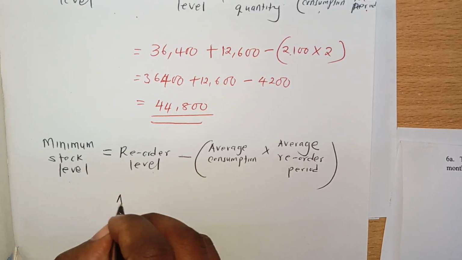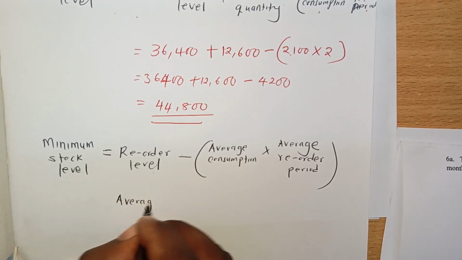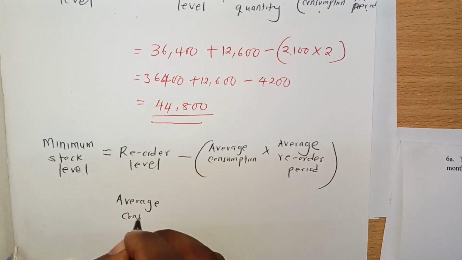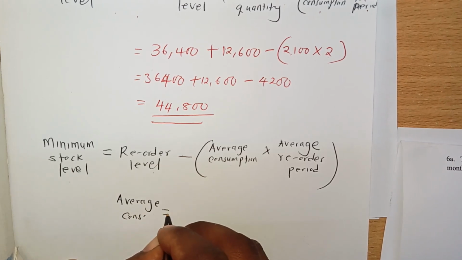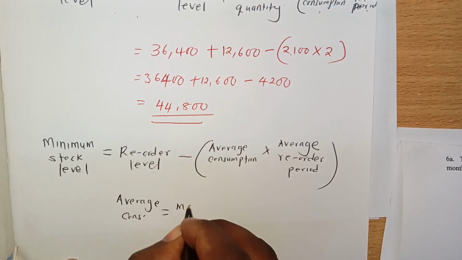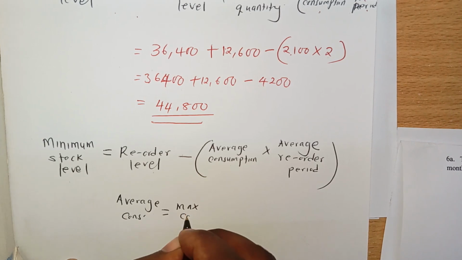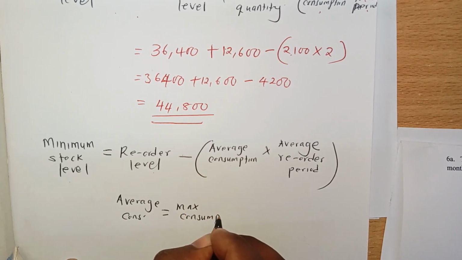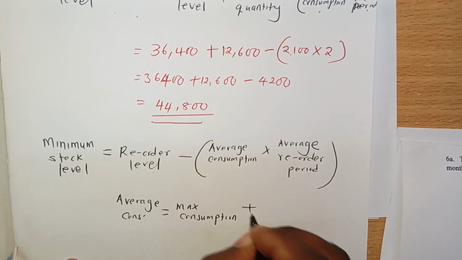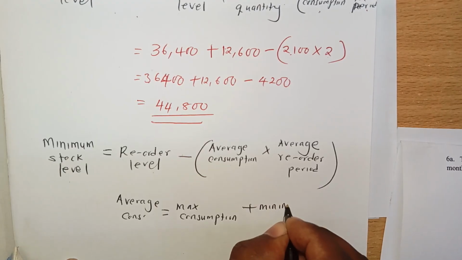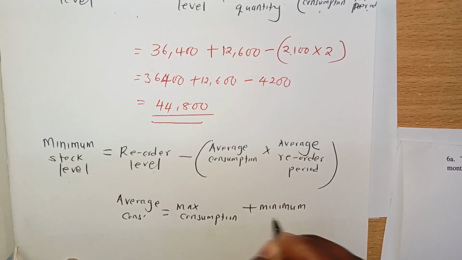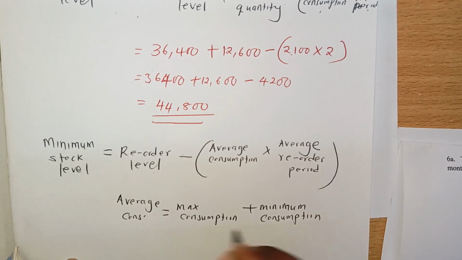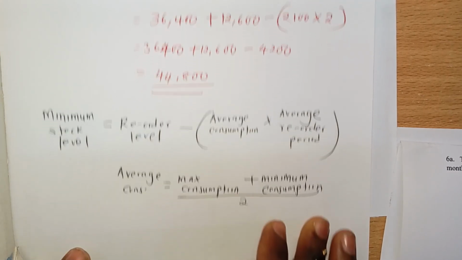Average consumption is given as maximum consumption, you add minimum consumption, then you divide by 2.